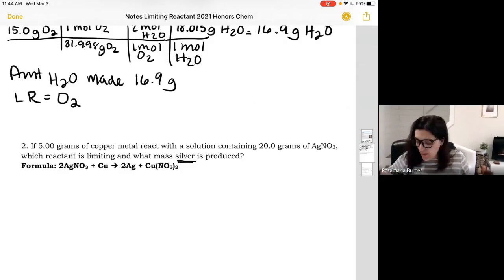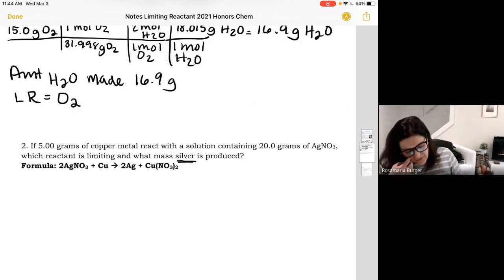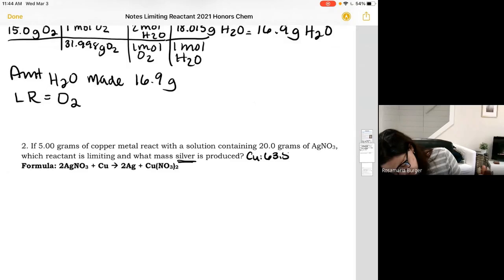Okay, so I know I'm going to need a couple of molar masses, and I wrote them down. So I know that copper, this is right off the periodic table, by the way, copper is 63.546 grams.